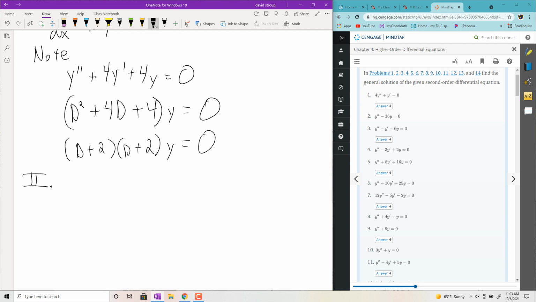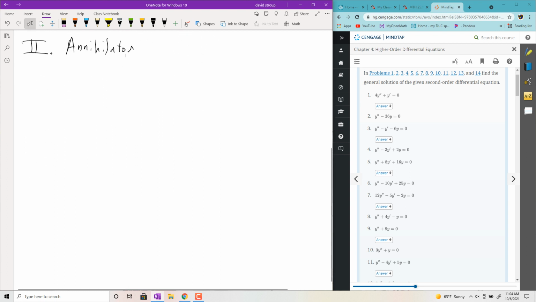We'll need to work with that in our exploration. Now we want to introduce the idea of an annihilator. An annihilator is basically a polynomial operator that makes a function equal to 0. You were probably introduced to this back in Calc 1 and Calc 2.